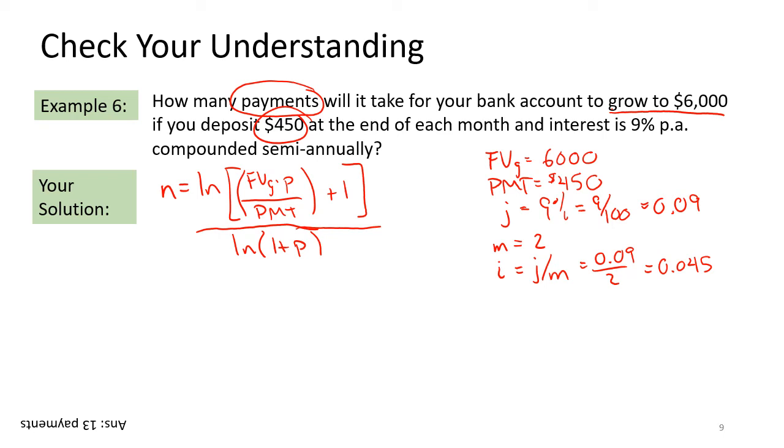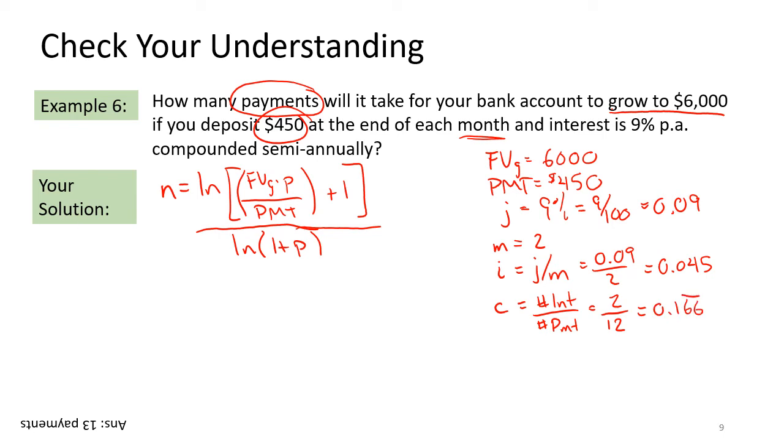Next, just like we have in the past, we have to calculate C, which is the number of interest payments per year divided by the number of payment periods per year. Interest is semi-annually, so that's 2. And you're depositing $450 at the end of each month, meaning it's monthly, so your number of payment periods per year is 12. And if you calculate that out, you get 0.166 as a repeating decimal.